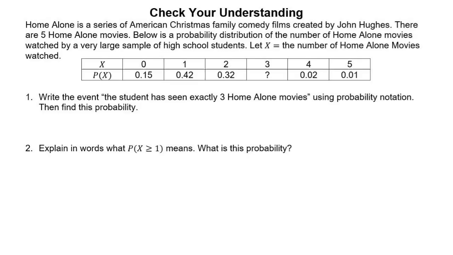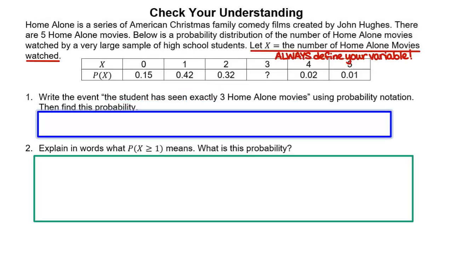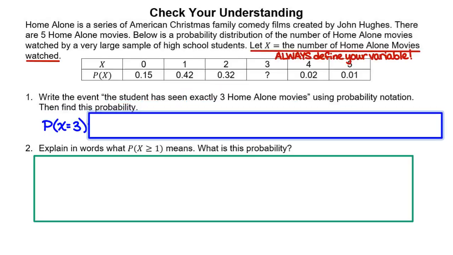When I go to write the event, the student has seen exactly 3 Home Alone movies. Remember, when we write our probability notation, the event goes inside parentheses. So here's my event, the probability that a student has seen exactly 3 Home Alone movies. You said it came out to 0.08?